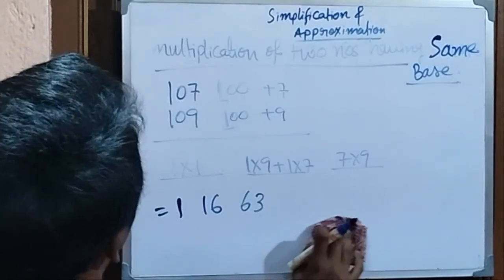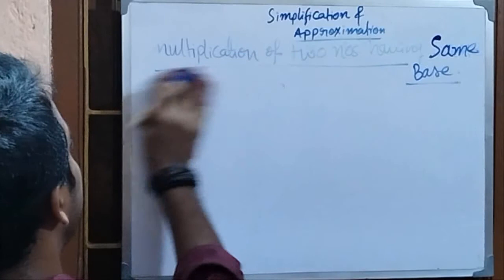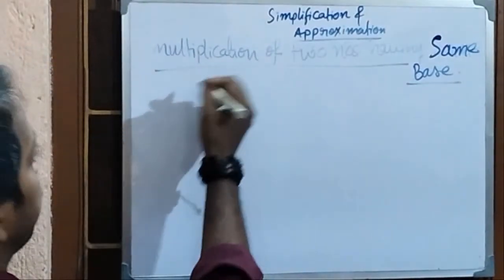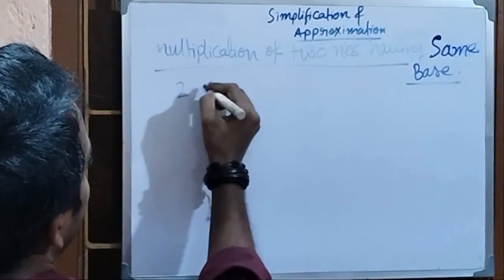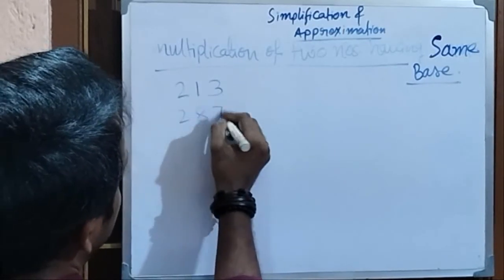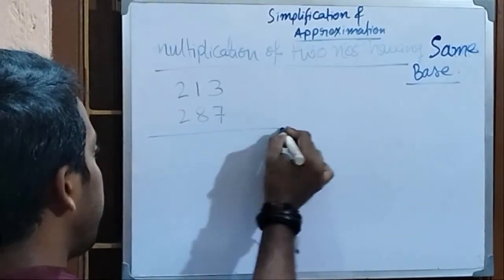Do the next problem, which we will do in a different manner. 213 into 287, right? How will you do it?